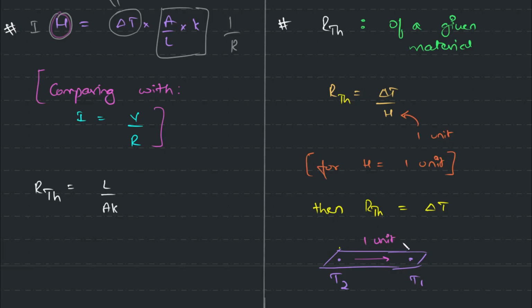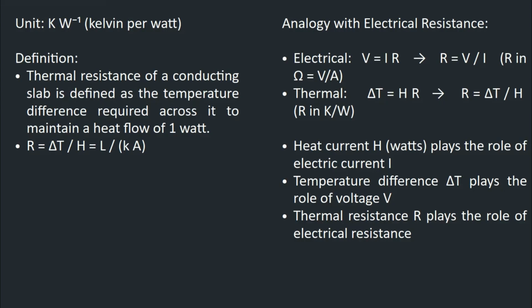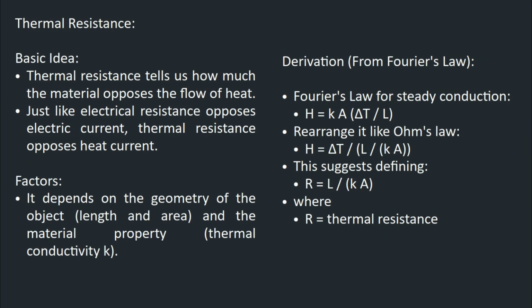So 1 joule per second of energy should go from point A to point B. So this difference will give us the numerical value of thermal resistance of a given material. Again, there's a bit of math. If not, it's quite simple. So that's it. That's your thermal resistance.